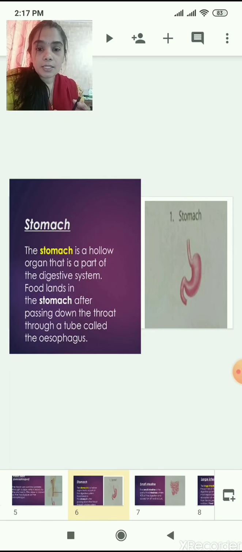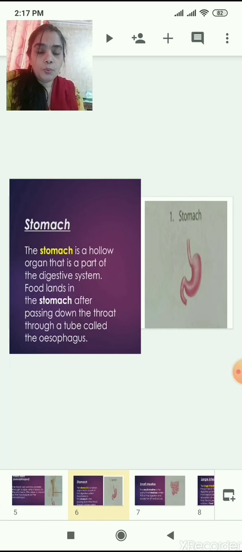It is like a hollow organ that is part of the digestive system. It has a bean-like shape and a bag-like structure, and you can call it a small pouch or hollow organ. Anyhow you can call it, that is called the stomach.